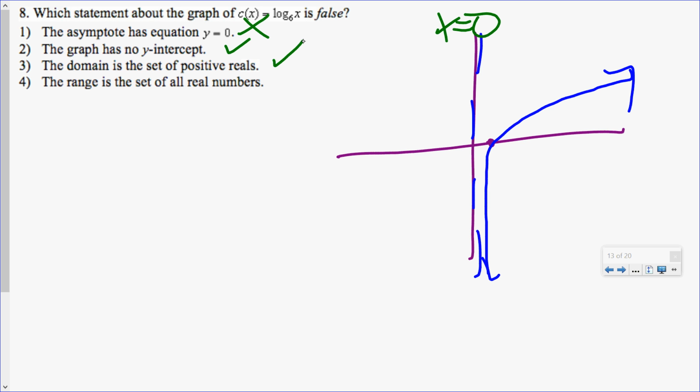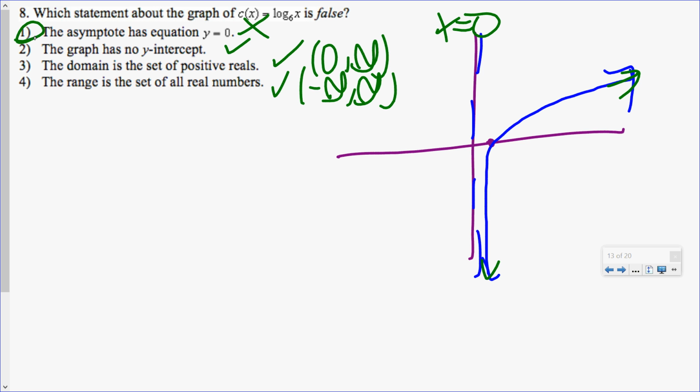Yes, it's 0 to infinity. There are no negative numbers and it's not 0, so it's just positive real numbers. The range is all real numbers. Yes, the range goes from negative infinity to infinity, because there's an arrow pointing down and an arrow pointing up, which is false. Choice 1.